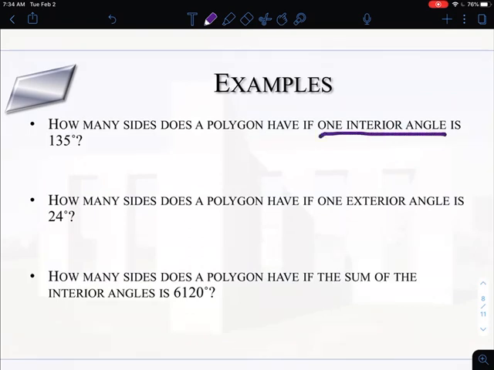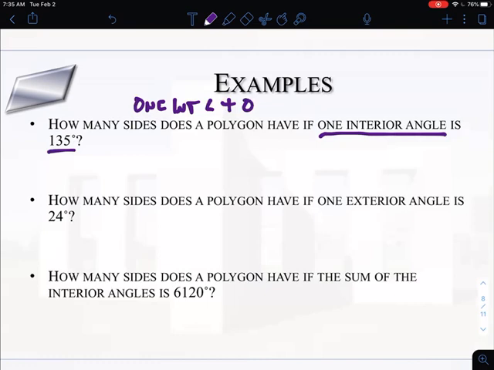How many sides does a polygon have if one interior angle is 135? Now, one thing we didn't talk about on the previous slides that I want to take note of here: interior and exterior angles have a very specific relationship that we kind of glossed over in the examples from before. And so I want to write that down right here.